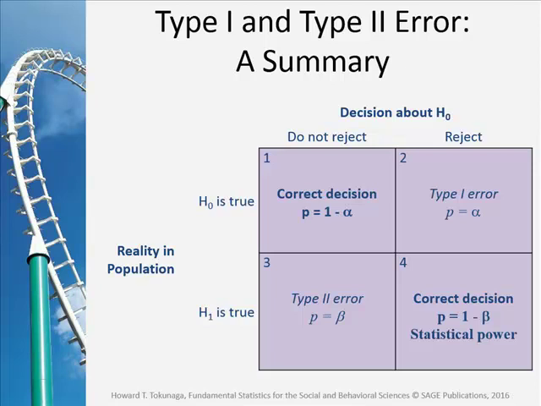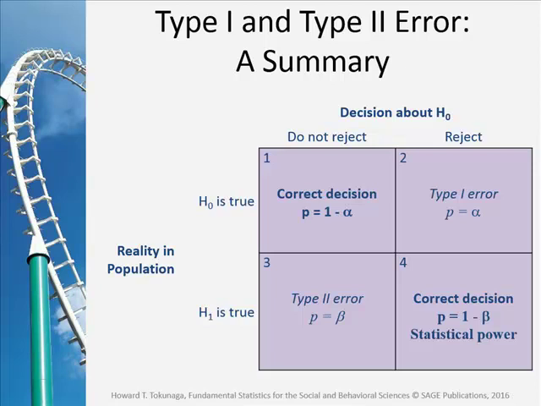So the likelihood of these things happening. The likelihood of getting a correct decision is the probability of 1 minus alpha. The incorrect decision, that is alpha. So if this is 5%, this is 95%. We don't know what beta is.